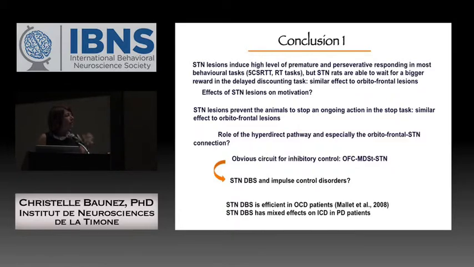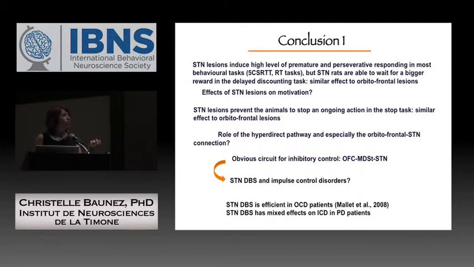So it questions, of course, the assessment of motivational functions in the delay discounting task and also the effect of STN lesions on motivation. As I said, they were also perseverating towards the magazine in the 5-choice task. But also STN lesions prevent the animals from stopping the ongoing action in the stop task, and that's similar to orbitofrontal lesions.